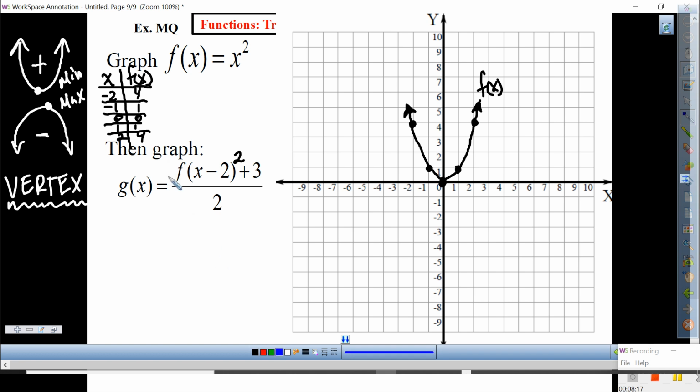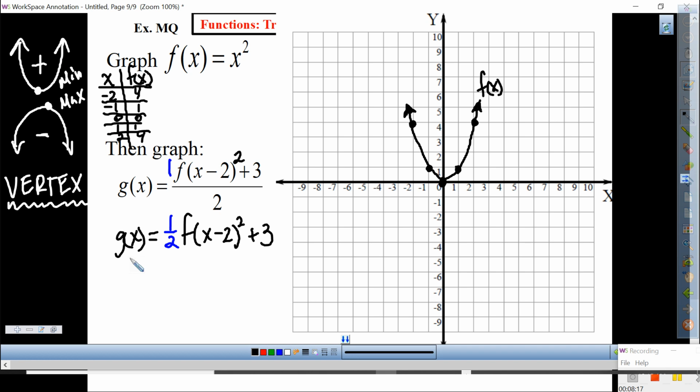There's an invisible coefficient here, which is 1 over. So if I write that like that, I brought the 2 over together with the 1. What's left? x minus 2 squared plus 3, and all that equals g of x.